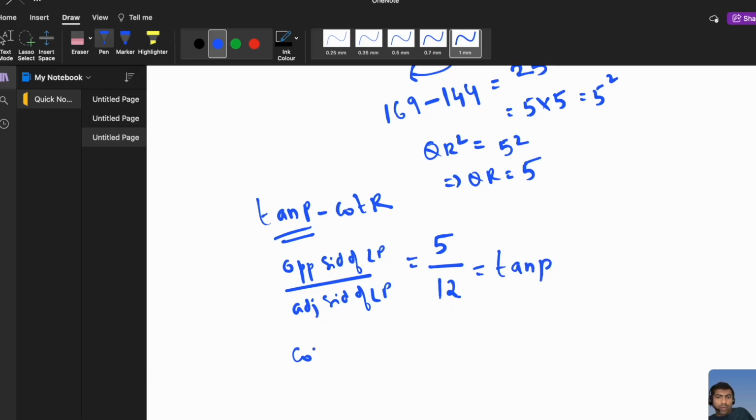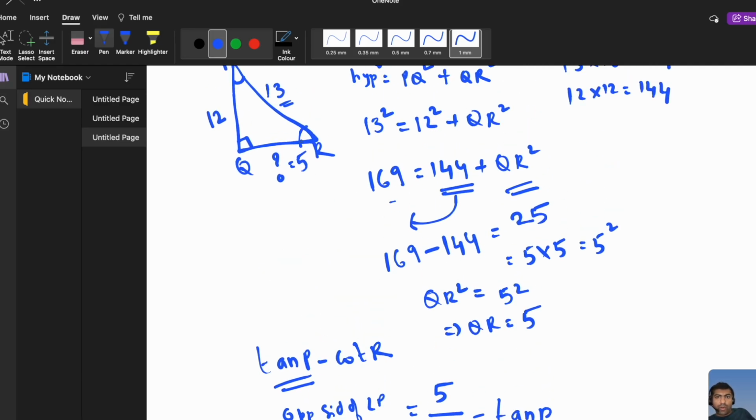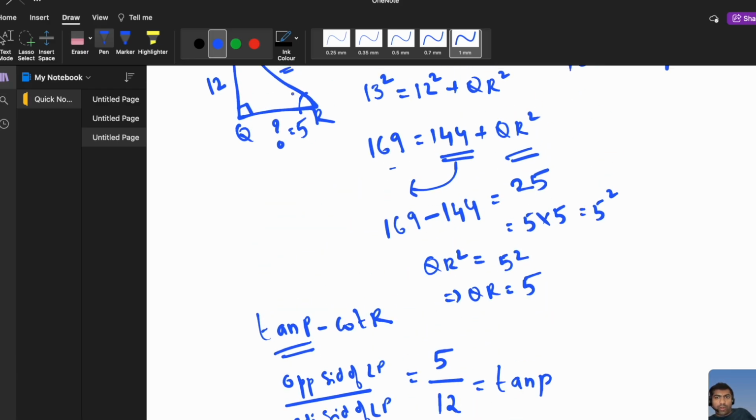Now let's see what cot R is. Cot R is nothing but the adjacent side of angle R by the opposite side of angle R. What is the adjacent side of angle R?